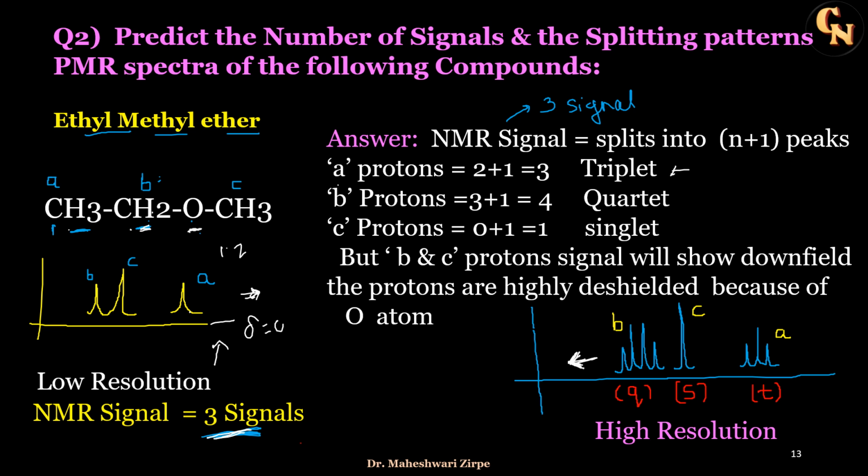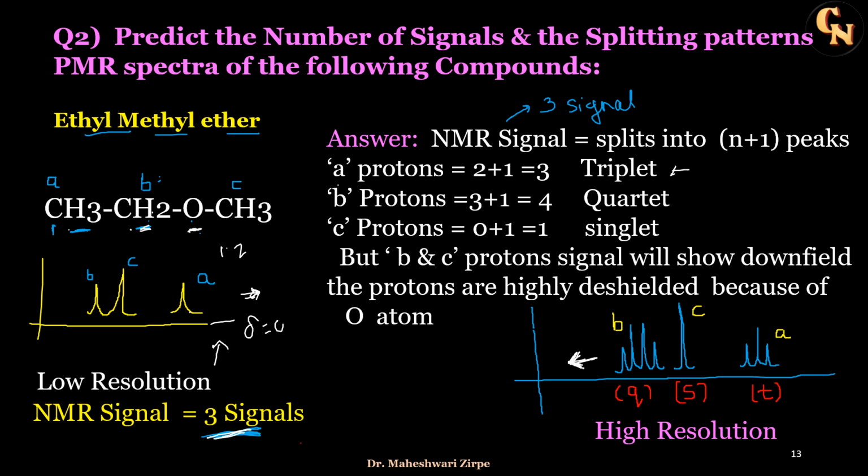Similarly the C protons have no proton in the neighboring surrounding, so it is 0 plus 1, that is a singlet. So the C protons will show only one signal, but I have drawn it in the middle of these two. Why?